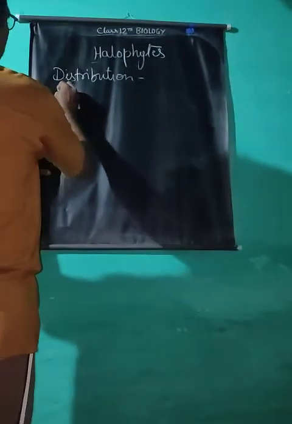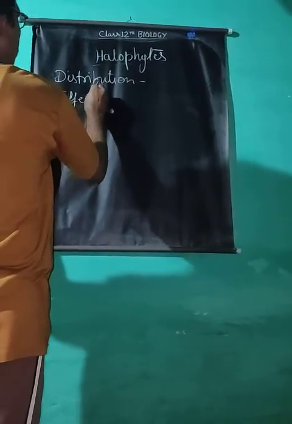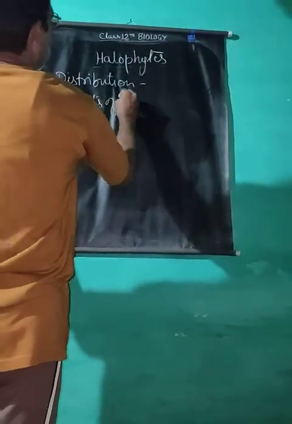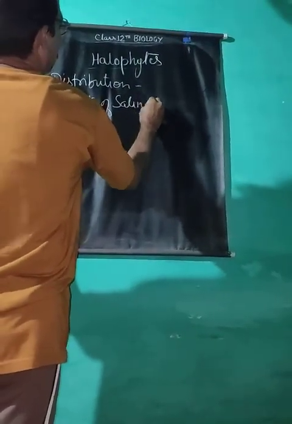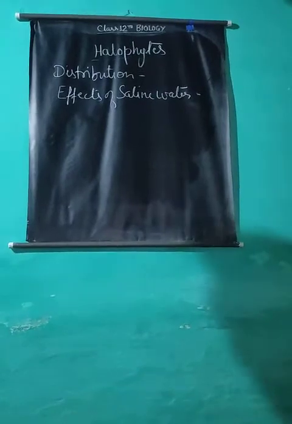Effect of saline water on halophytes or mangrove plants. The effect of dissolved salt on the halophytic plants is partly osmotic and partly chemical.